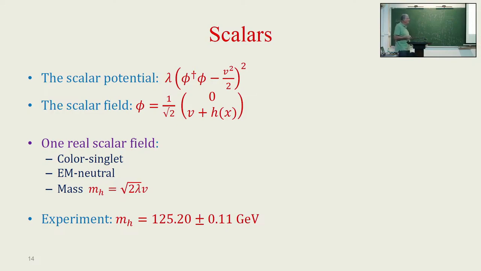We already saw that it's electromagnetically neutral, that it has this mass. The scalar potential has the same form as the leptonic standard model, so this is still the expression for its mass. The only additional thing that we mention here is that the exact symmetry of the model is now SU3 color cross U1 electromagnetism. So every elementary particle must have well-defined transformation properties under SU3 color cross U1.